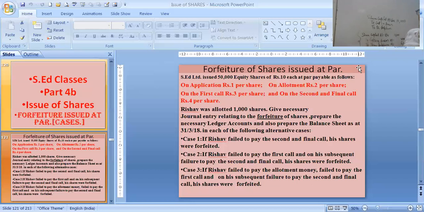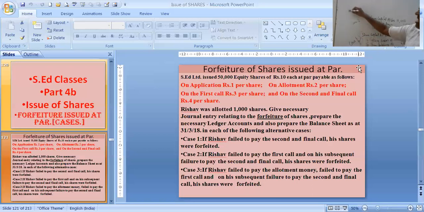We have made the second call also. Calls in arrear, 3 rupees of first call and 4 rupees of second call, that means 7 rupees per share, 7,000 not received. And share forfeiture is the amount which we have received, that is 3,000. Case 3, you see the journal entry, students, is the same. Only the figures are changing. This was case 2. Now case 3.